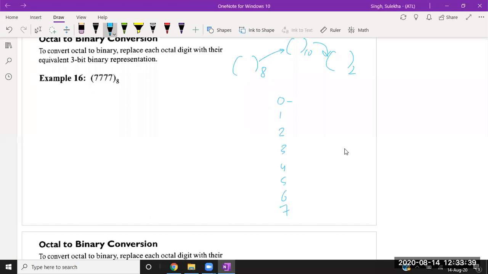If you check, 7 you can represent in a 3-bit system as 111, and 0 as 000. Similarly 1 is 001, 2 is 010, 3 is 011, 4 is 100, 5 is 101, 6 is 110, and 7 is 111.